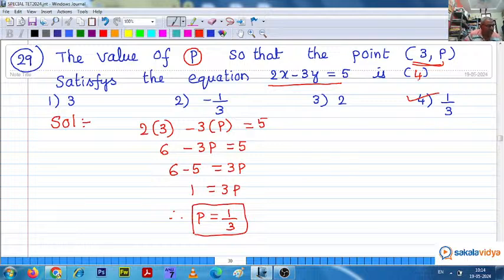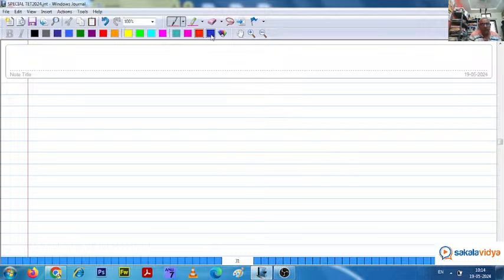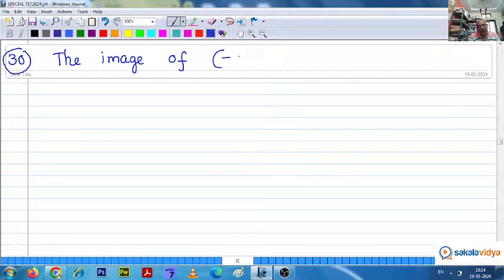Okay, let us move to yet another problem. 30th problem. The image of minus 2017 comma minus 2018 with respect to origin is.